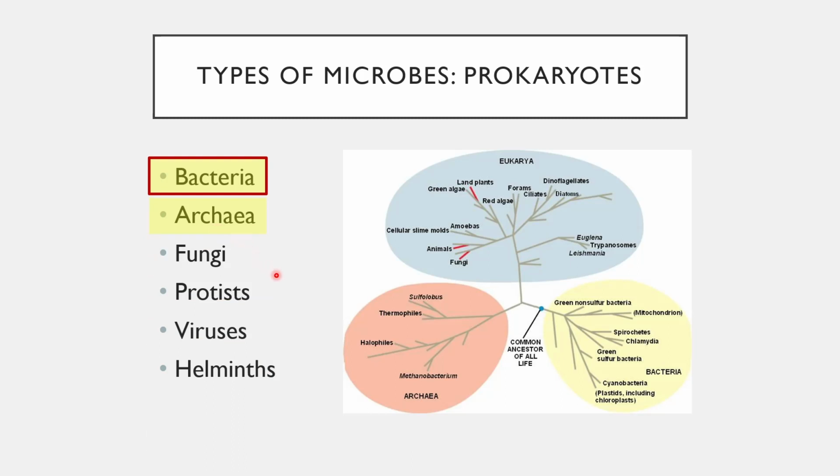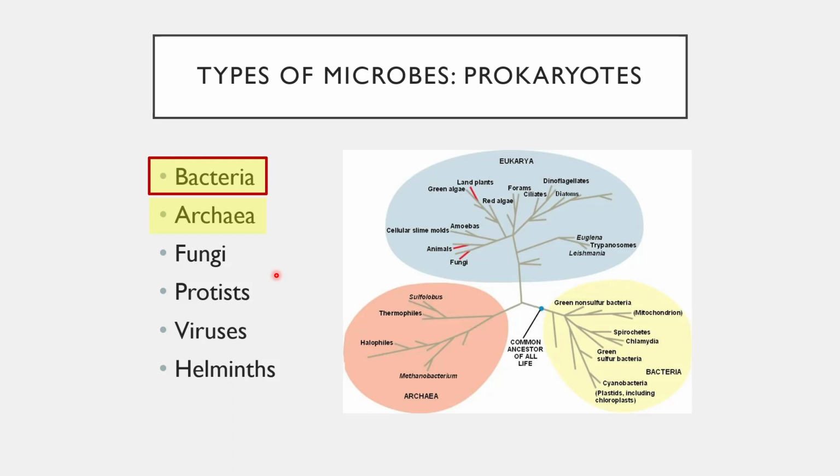The reason for this is, first of all, we know far more about bacteria than we do about archaea. They're much more well studied. But also, bacteria are far more important in human disease processes, and so these are going to be our focus.